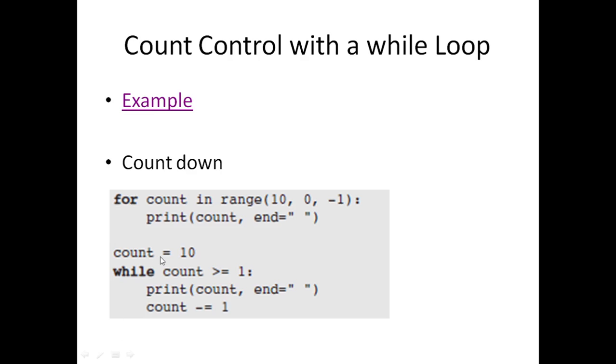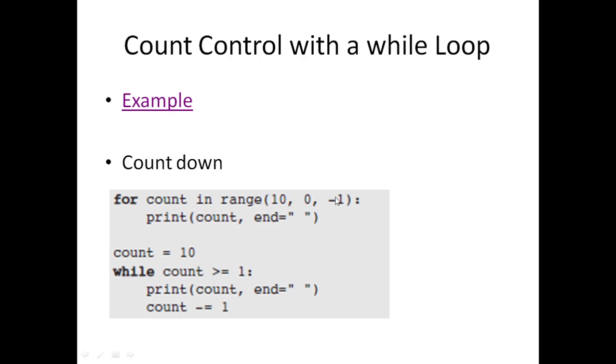If we write the same loop as a while loop, it should be like this. We initialize count to 10, then while count is greater than or equal to 1, print count. Then inside the while loop, we have to decrement the count variable, count equals count minus 1.